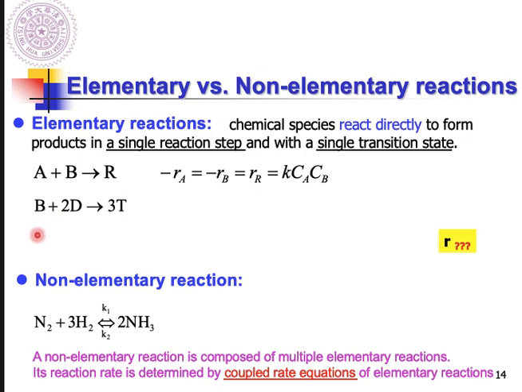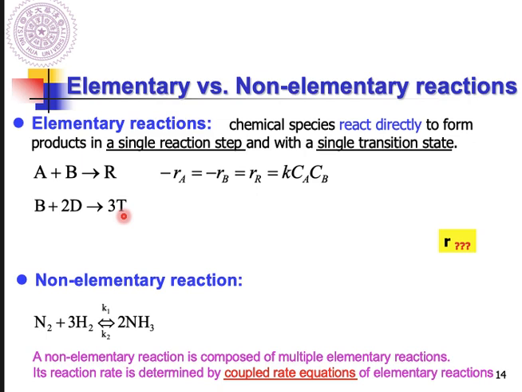And next we try the other case, right? 1B reacts with 2D and generates 3T. The difference between these two is the stoichiometry coefficient: 1, 1, 1 before, but here 1B reacts with 2D and generates 3T.